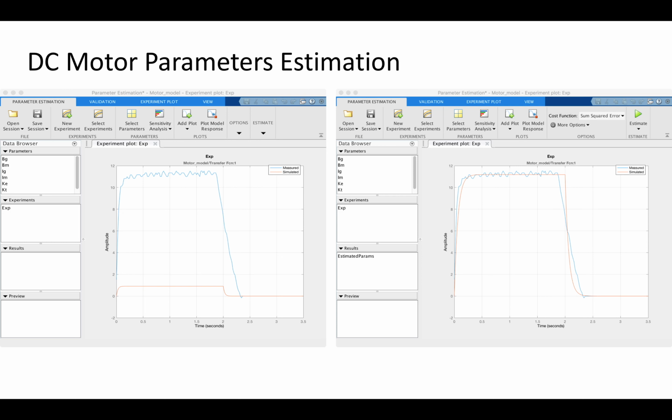On the left, we can see a figure in blue, the experiment data, and in red, the response of the transfer function of the DC motor implemented on Simulink. And now on the right, after estimating the parameters, we can clearly see that there's no error and the model on Simulink has clearly the same response as the real DC motor.